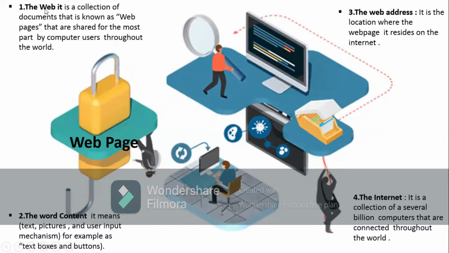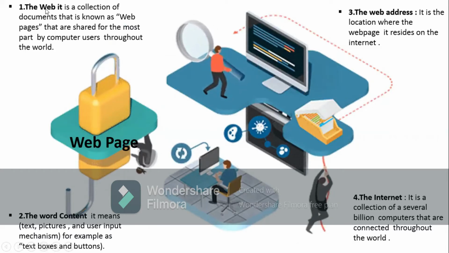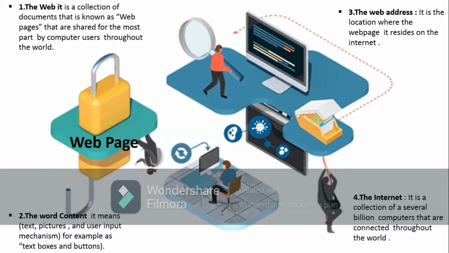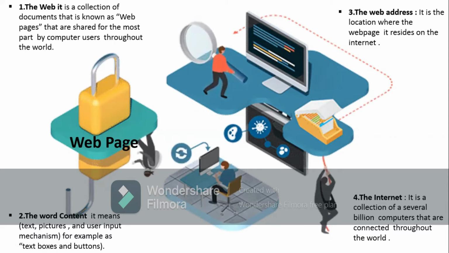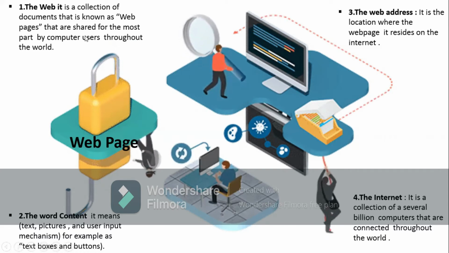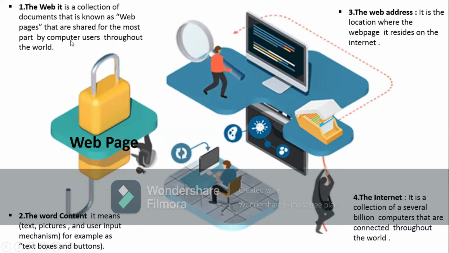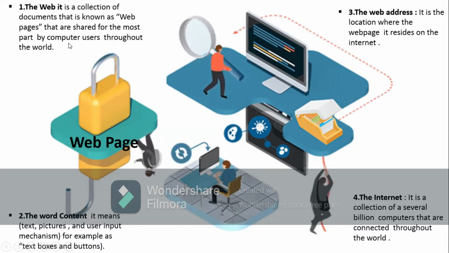So the web is a binding or collection of documents that are hosted on a single shared server where all end users are able to access it. For example, in old times, when we were in universities, we had to perform certain assignments, whether you were a master's or bachelor's degree student.